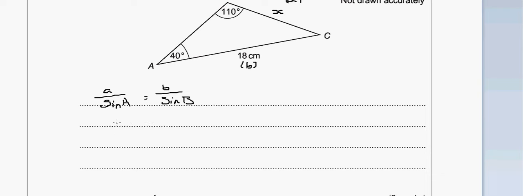Now little a we don't know. Sine A would be sine 40, equals, now little b is 18, over sine 110.